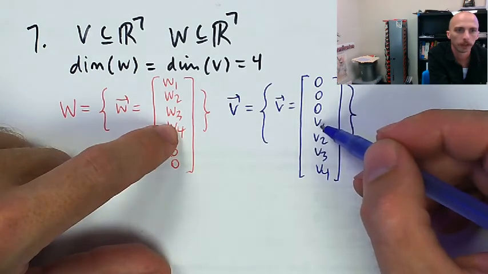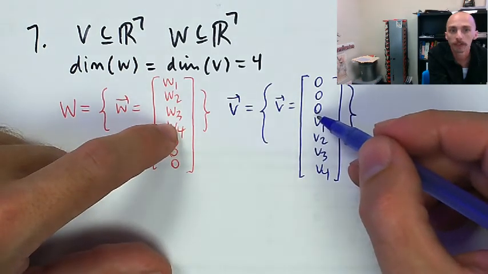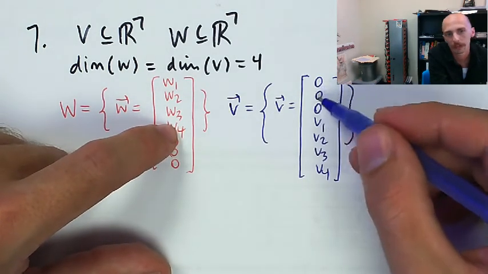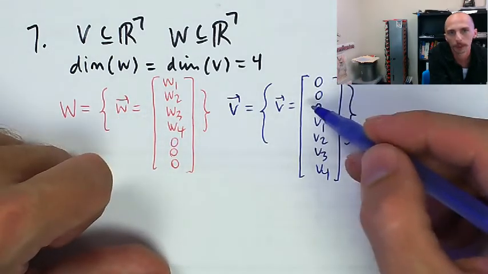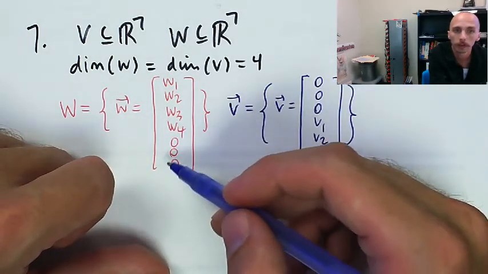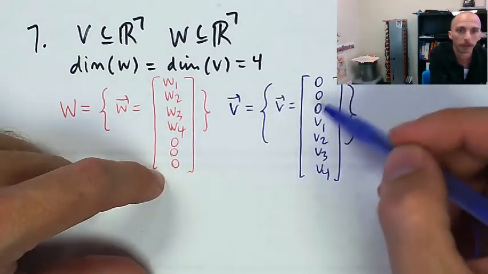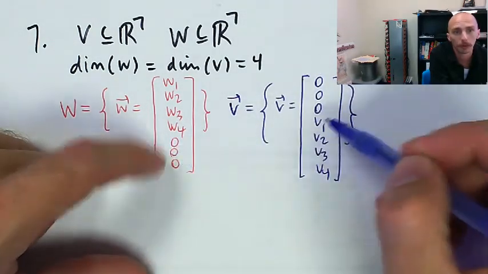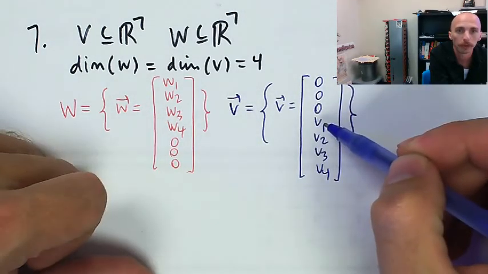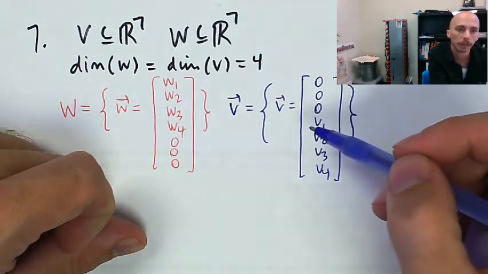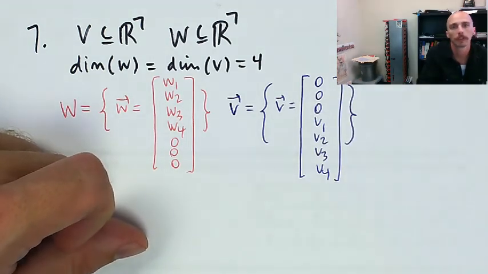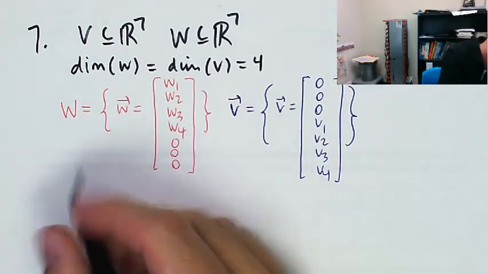right? Because the intersection would have both of these conditions true. The condition for V is basically that the first 3 components are 0. The condition for W is that the last 3 components are 0. But the intersection is where the first 3 and the last 3 are 0. That still leaves that 4th one free to roam. So I know that the dimension of V intersect W is greater than or equal to 1.